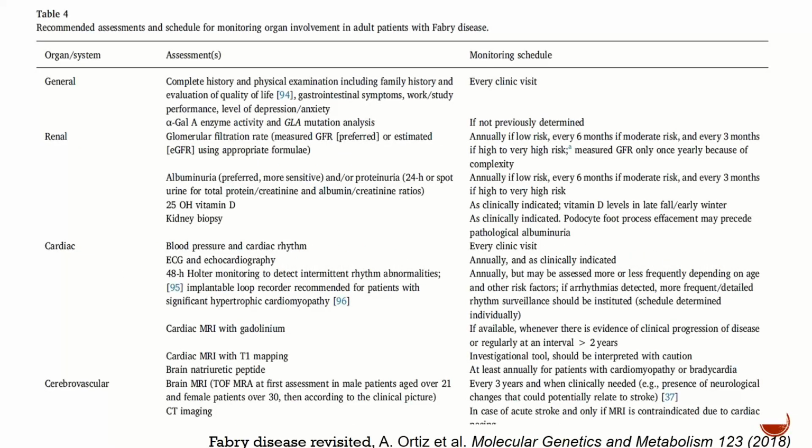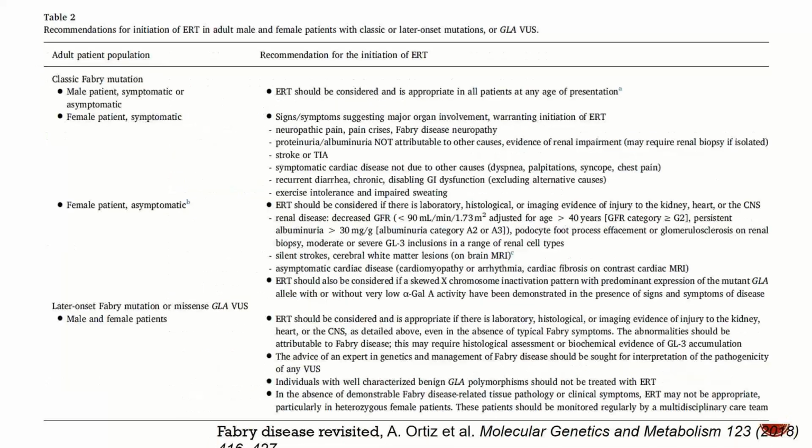For follow-up in these patients, especially cardiac, they should have blood pressure and cardiac rhythm checked annually, ECG and echocardiography annually, and a 48-hour Holter monitor annually to detect heart rhythm problems. For initiation of enzyme replacement therapy in classic Fabry disease, any male patient should be started on treatment.